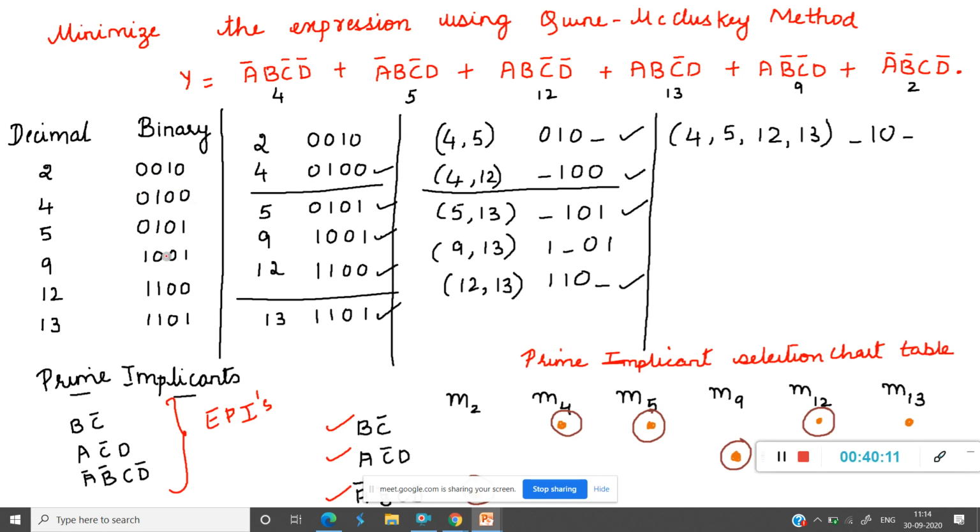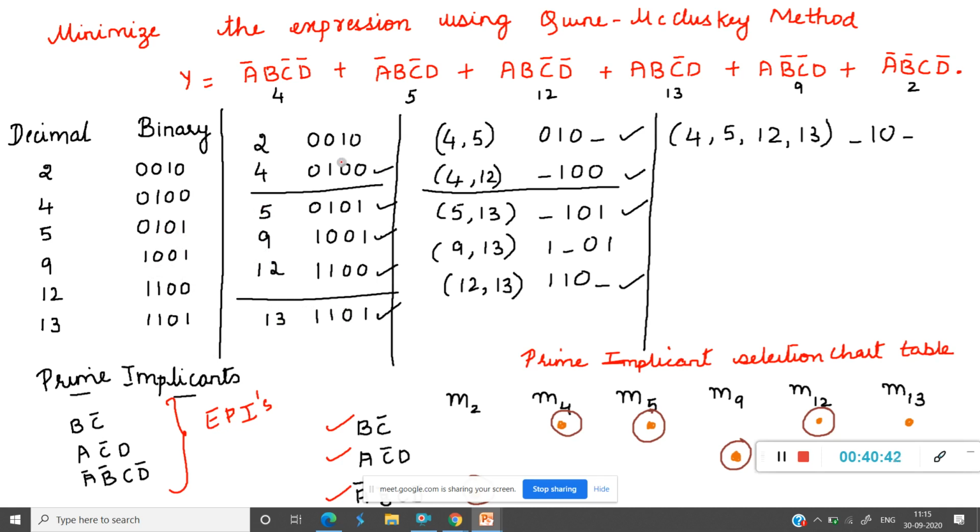Next 2 and 4 contain one logic 1, so they belong to one group. Next 5, 9, 12 contain 2 logic 1s, so they belong to the second group. 13 contains 3 logic 1s, so it belongs to the third group.